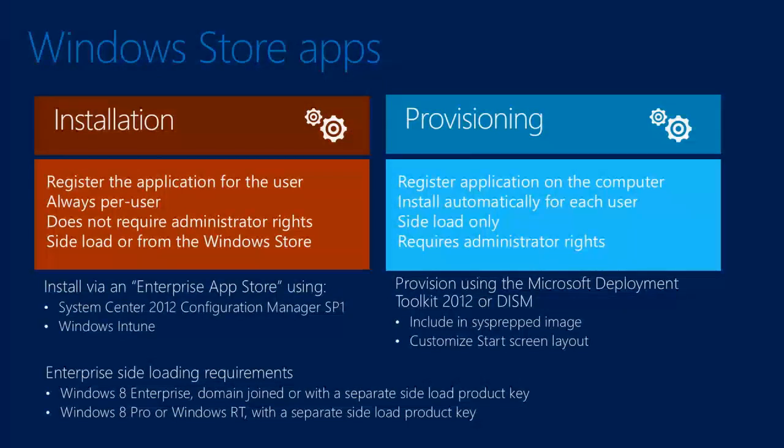So if you've installed Windows 8, you've noticed that the first logon takes a while. You log in, it displays the animation that tells you how to use the Windows 8 UI, how to use the charms, how to swipe, how to click, depending on whether you have a touch-enabled system or a non-touch-enabled system.